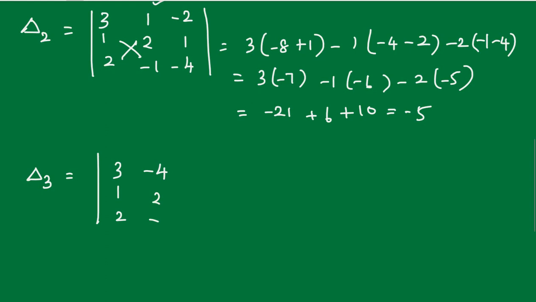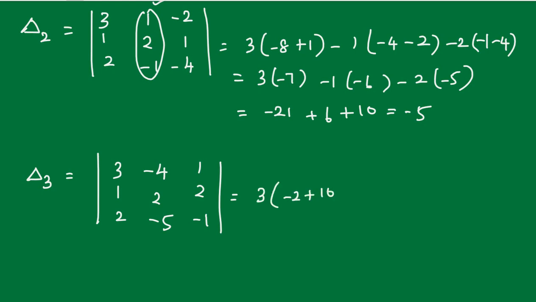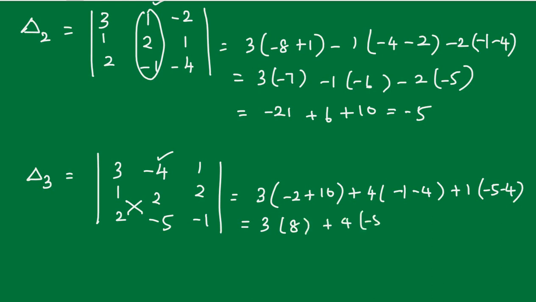And the last column we replace by the constants, that is 1, 2, minus 1, which gives us, expanding along the first row, 3 into minus 2 plus 10, plus 4 into minus 1 minus 4, plus 1 into minus 5 minus 4, which gives us 3 into 8 plus 4 into minus 5 plus 1 into minus 9, which is equal to 24 minus 20 minus 9, which is equal to minus 5.